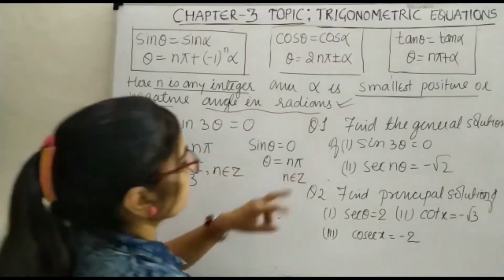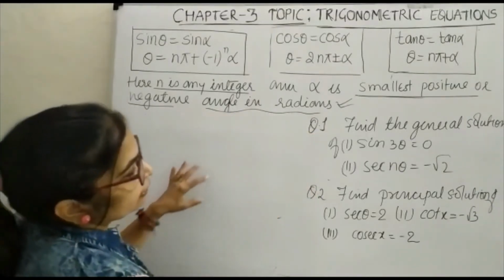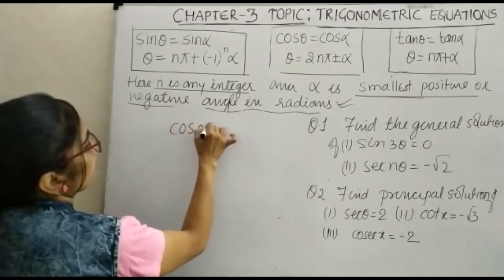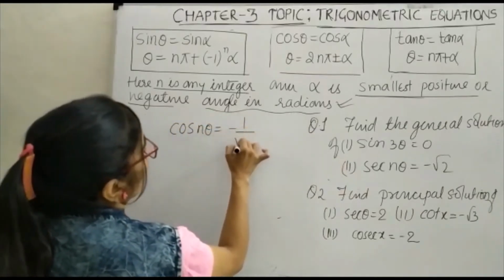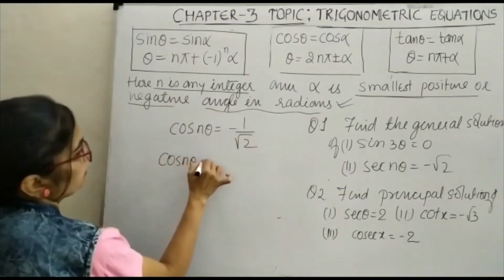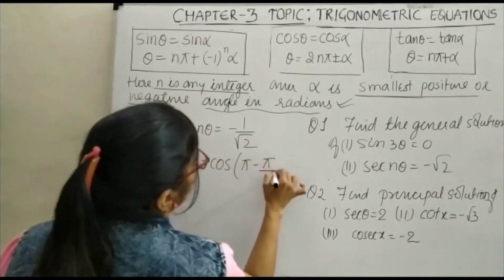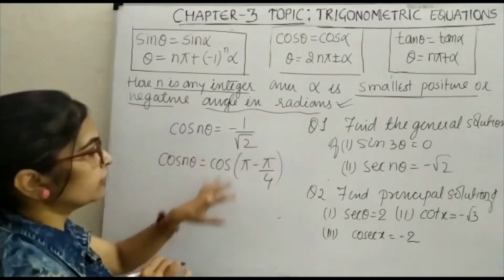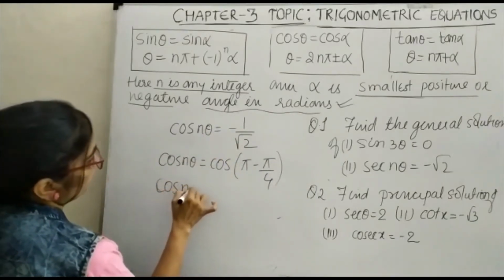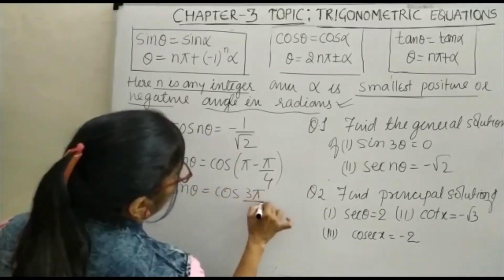Okay. Now the second question, it is given sec n theta is equal to minus root 2. तो यहाँ से आपका हो जाएगा cos n theta is equal to -1 upon under root 2. Your cos n theta is equal to cos (pi minus pi by 4) because it is negative in the second quadrant, and from here your cos n theta is equal to cos 3 pi by 4.